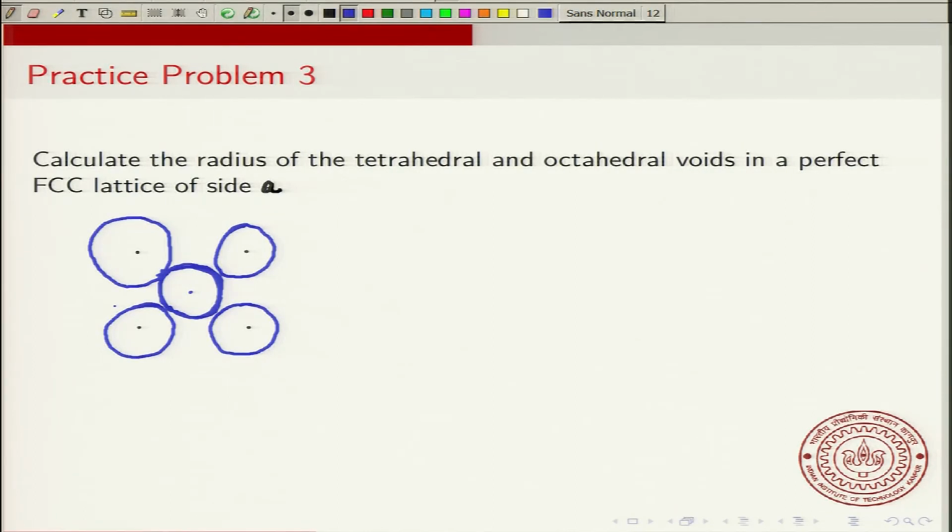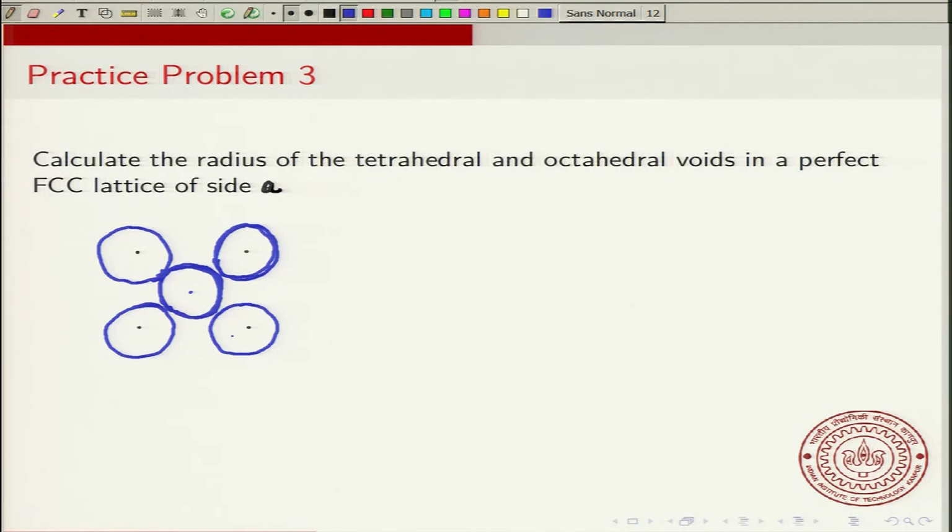This is what it looks like in one plane. So the face center atom is in contact with the corner atom, but the atoms at 2 adjacent corners do not touch each other.